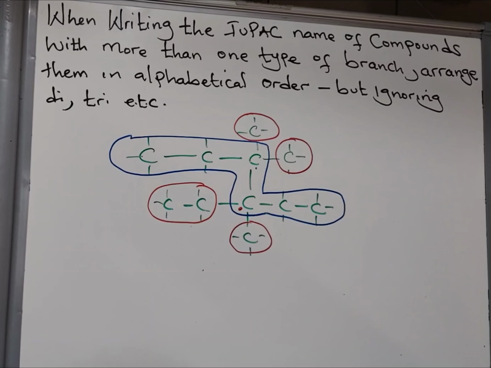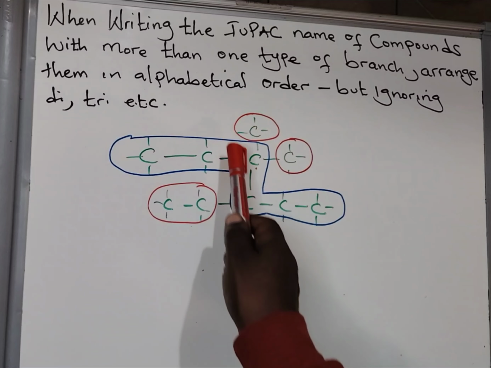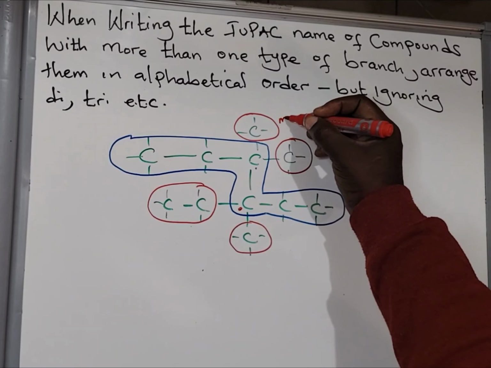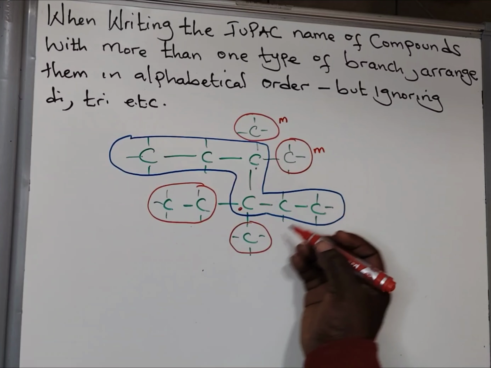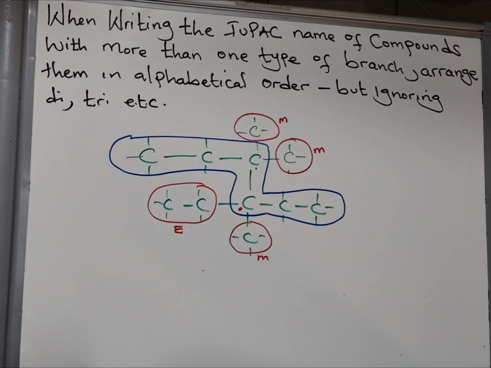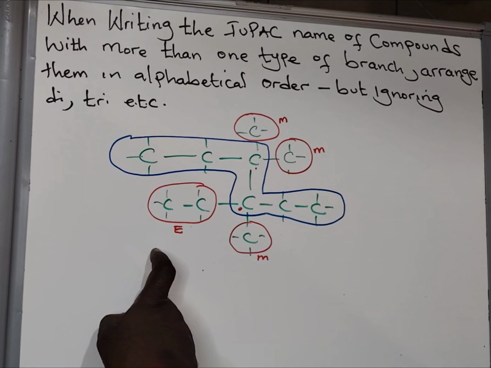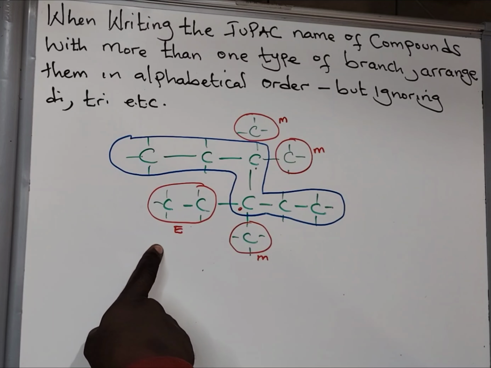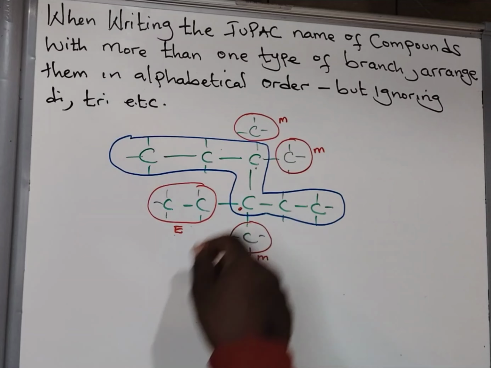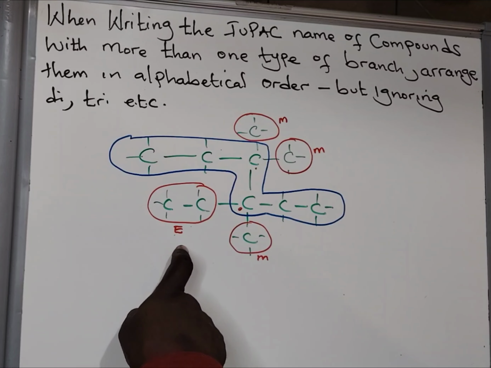But we have to know that here on our 3, we have 2 methyl groups, which are M and M. While from this side, you have M and E. And remember, we are out to make E come first. It comes first in alphabetical order. So under this circumstance, our number 1, which gives E the smallest number, because both of them have the same positions, but this one will give E the smallest number, is the correct one.